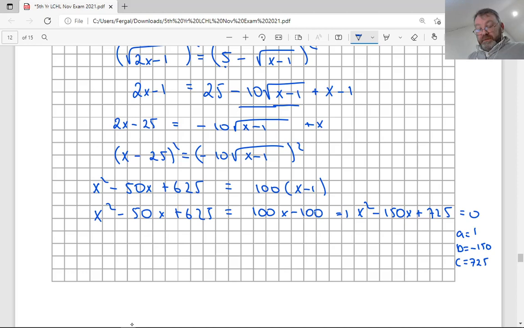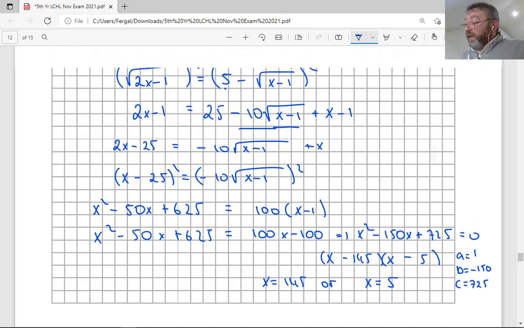Okay, there they are. So I was right. You can open your brackets or you can use your minus b. x and x. 725 is made up of 145 and 5. So x equals 145 or x equals 5.